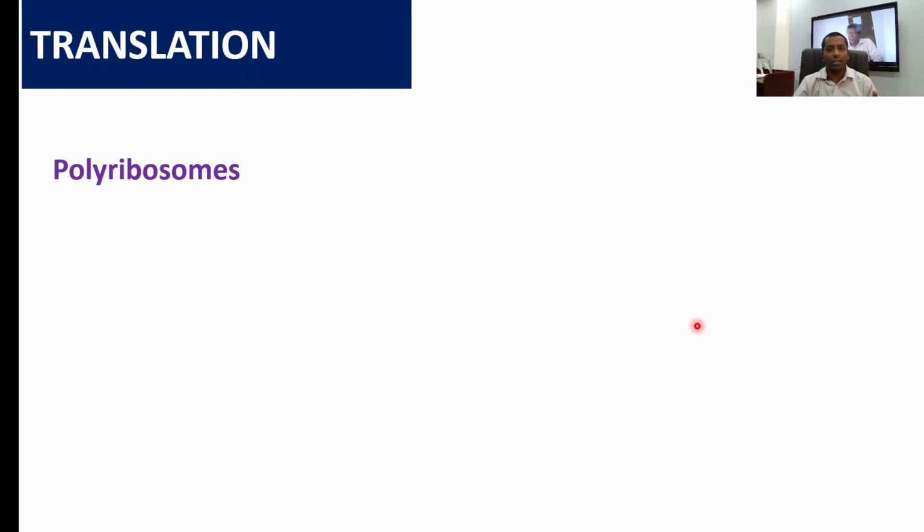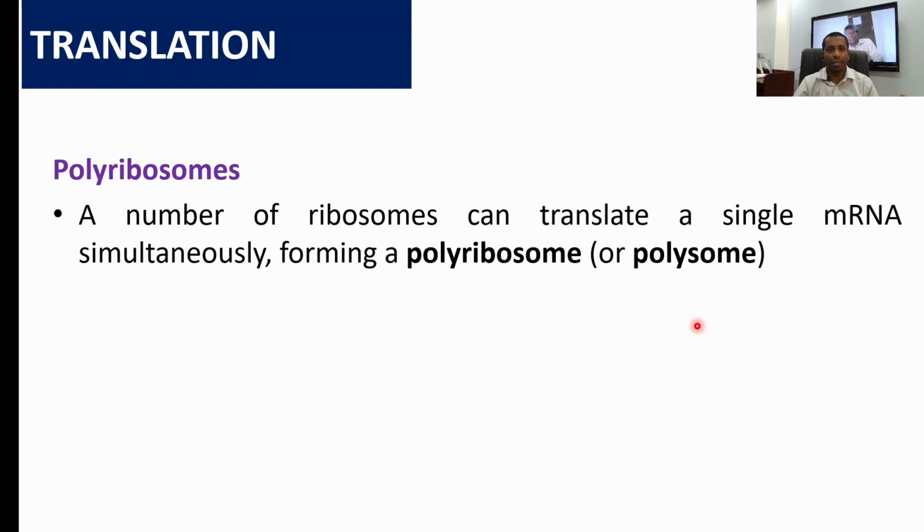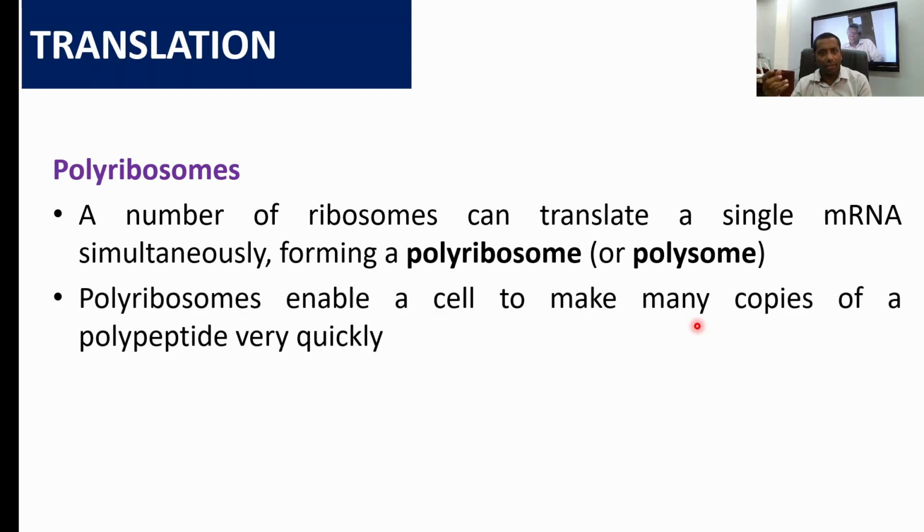Translation of an mRNA molecule can be done by several ribosomes at the same time. A number of ribosomes that translate the same mRNA molecule at the same time is called a polyribosome. If a cell used just a single ribosome to translate the mRNA molecule, it would take a very long time.